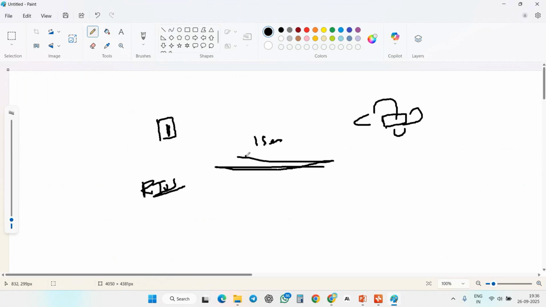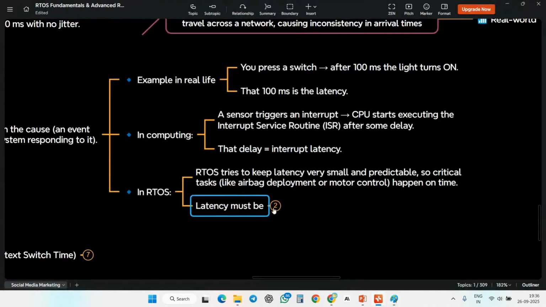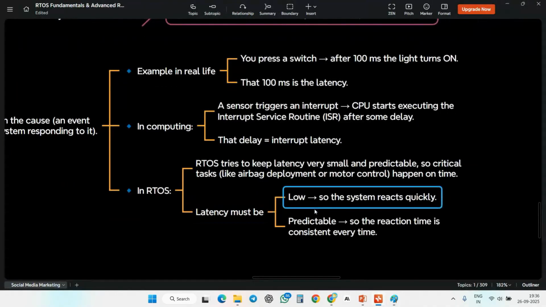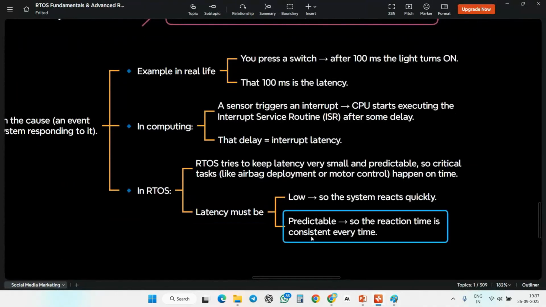It reduces the quality of service. So this kind of latency is very low, and it is a predictable latency, because you can already predict that it will react after only 0.01 milliseconds. That is the latency. So this is the concept: latency must be low and should have predictable values.